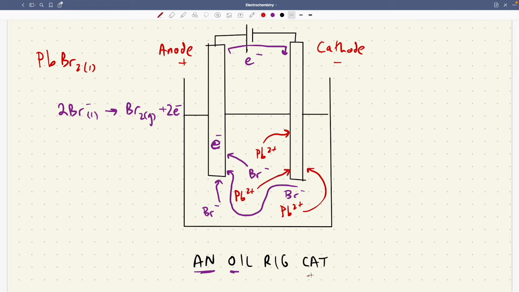And at the cathode, we have reduction occurring. So they're going to gain these electrons, which we can show in our reduction half equation. So in this instance, we have our lead, our Pb2+ liquid, and we're gaining 2 electrons to form lead solid.